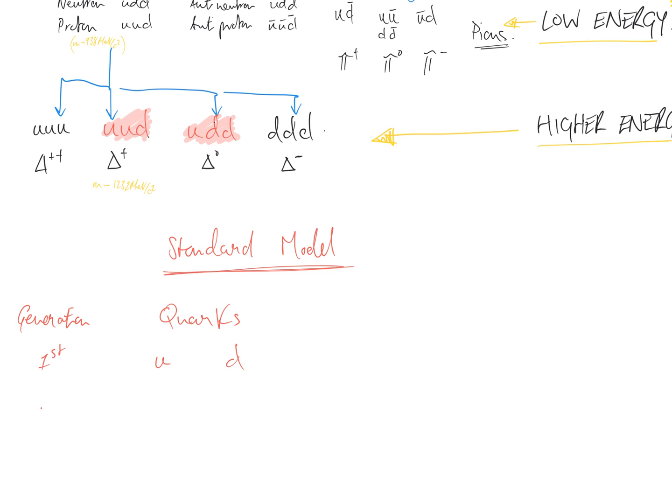There is a second generation, which are referred to as the charm and the strange. And there is a third generation, known as the top and the bottom quark.